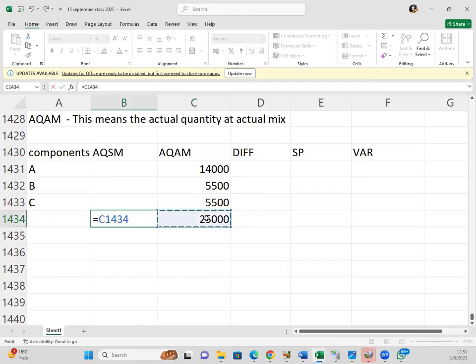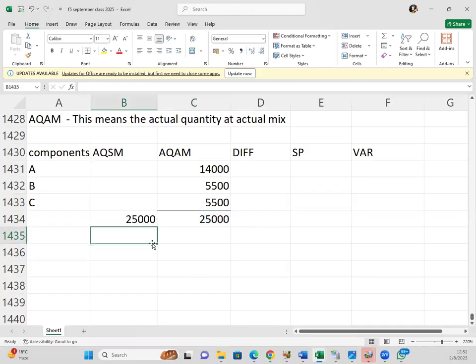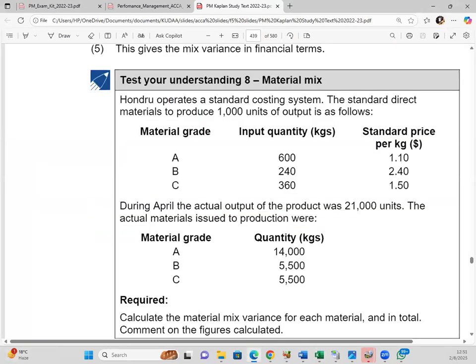So you're taking the actual quantity in total. We share this 25,000 using the standard mix proportions. The standard mix proportions, where do you get them on the question? The standard mix proportions are here. So we were planning that for 1,000 units, we would use 600, 240, and 360.